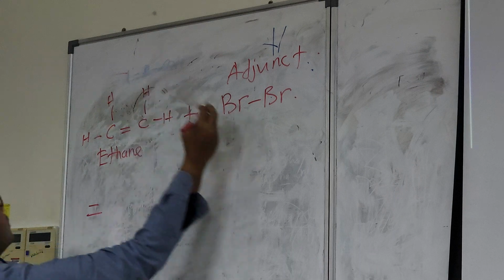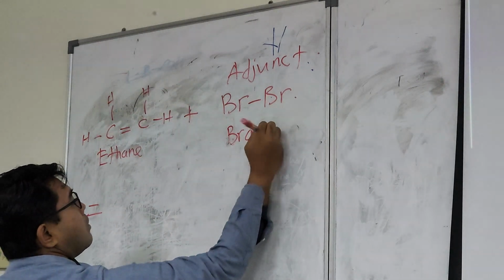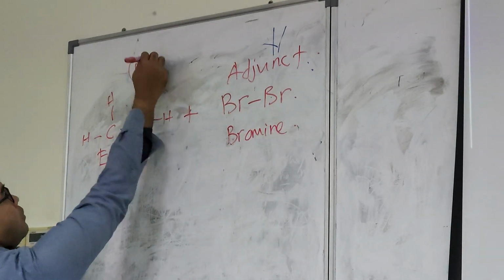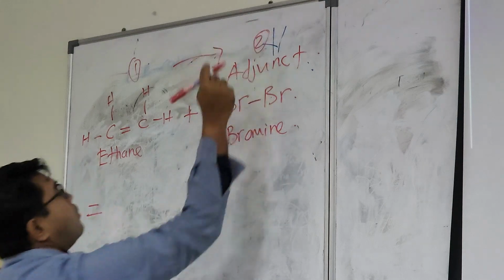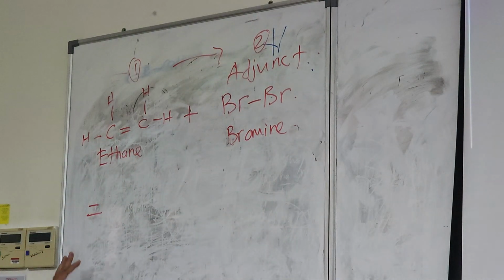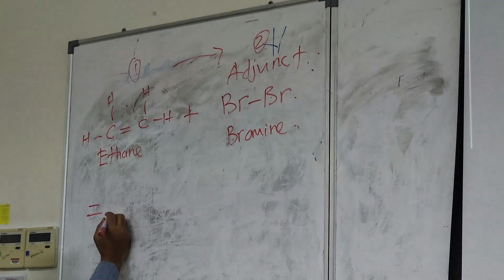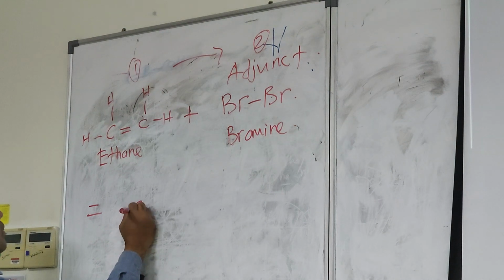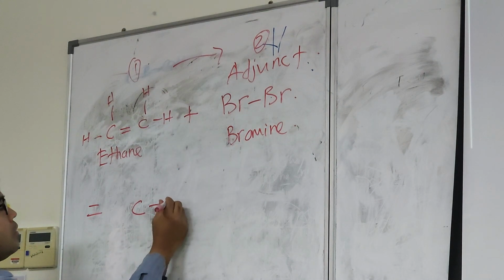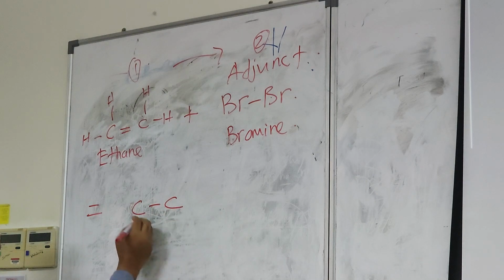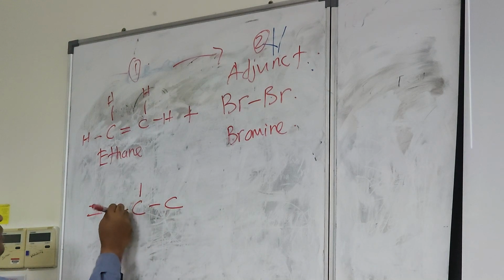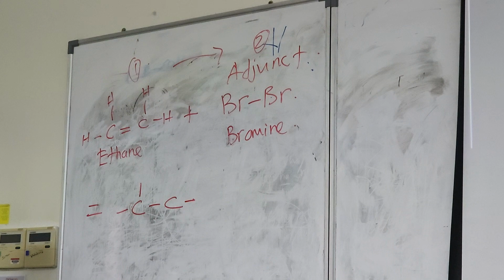So this is bromine. When the first molecule reacts with the second molecule, there's going to be some kind of electron sharing, right? So what are you going to get when these combine together? You're going to get something like this. Remember, C has a minimum occupation of carbon surrounding it.